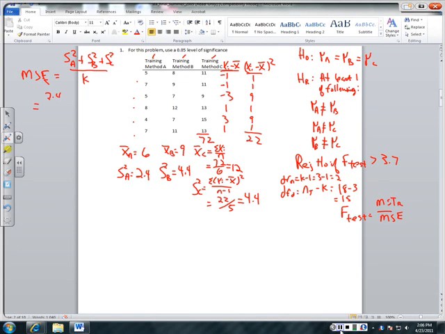So we have 2.4 plus 4.4 plus 4.4 divided by 3. And that is 3.73. So that gives us the bottom of this.